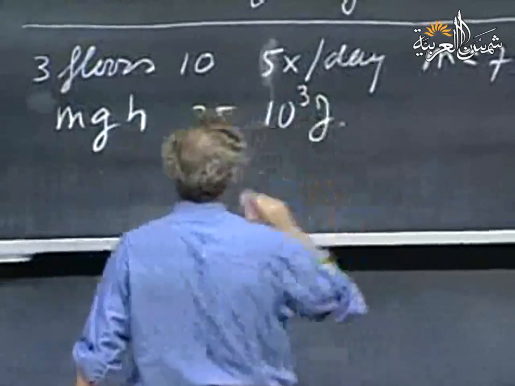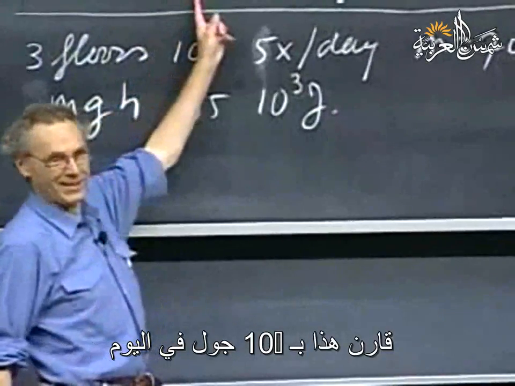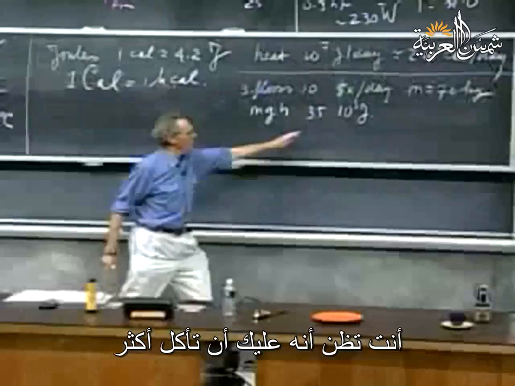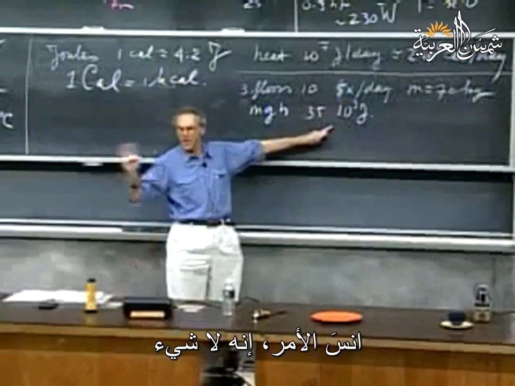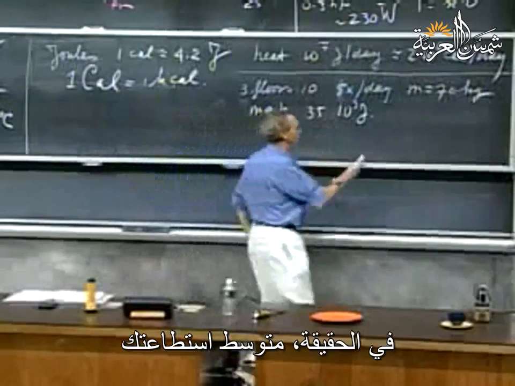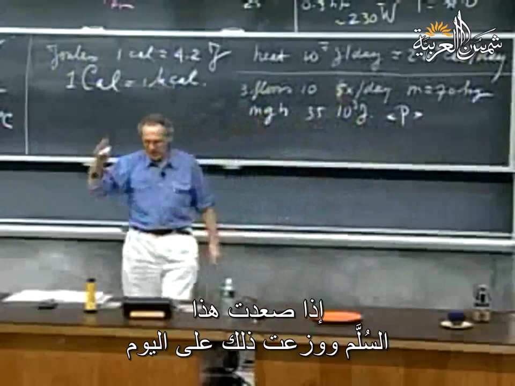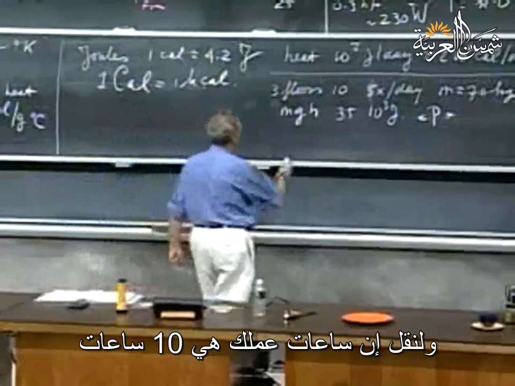Compare that with the 10 to the 7 joules per day that your body generates in terms of heat. You think you have to eat a little bit more for these lousy 35,000 joules? Forget it, it's nothing. In fact, your average power, if you walked up these stairs and you spread it out over a day, and say it took you 10 hours.